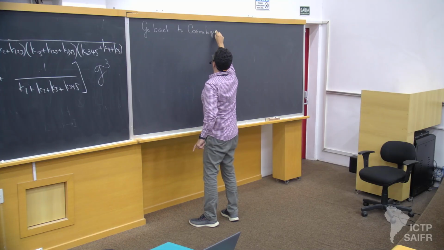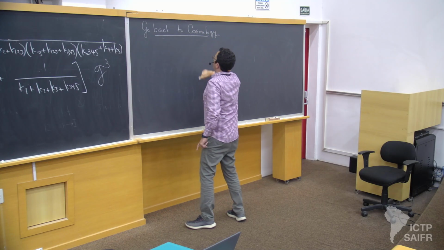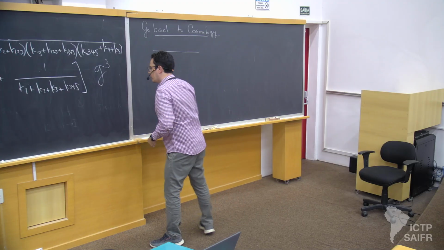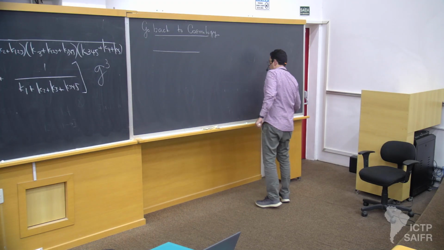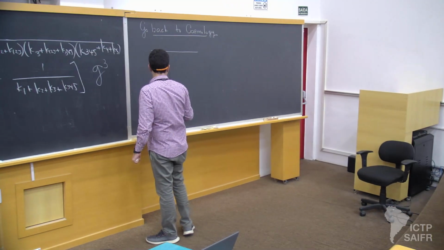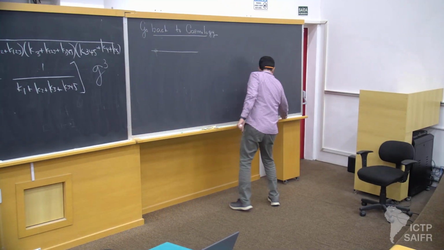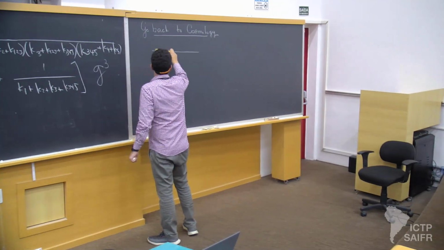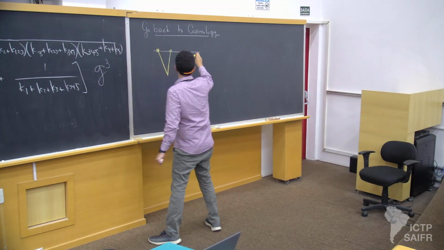I need to tell you what happens. So we have this diagram that involves this. This is the conformally coupled scalar.